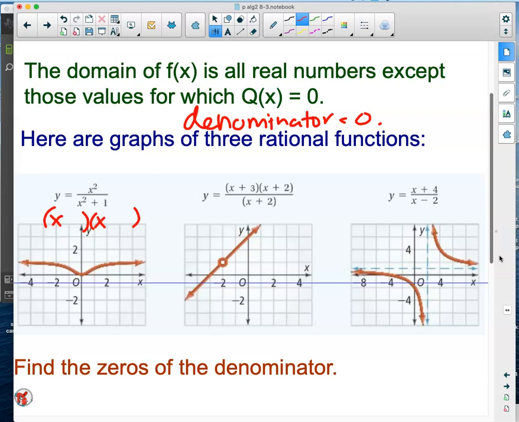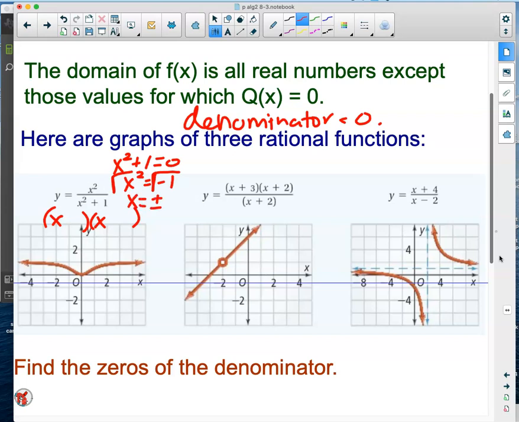I would need 2 numbers that multiply to 1 and add to 0. Well, 1 and 1 add to 2, and negative 1 and negative 1 add to negative 2. I can't factor that. But I can figure out when it's 0, because I could just set it equal to 0. So I could subtract 1 from both sides, take the square root.